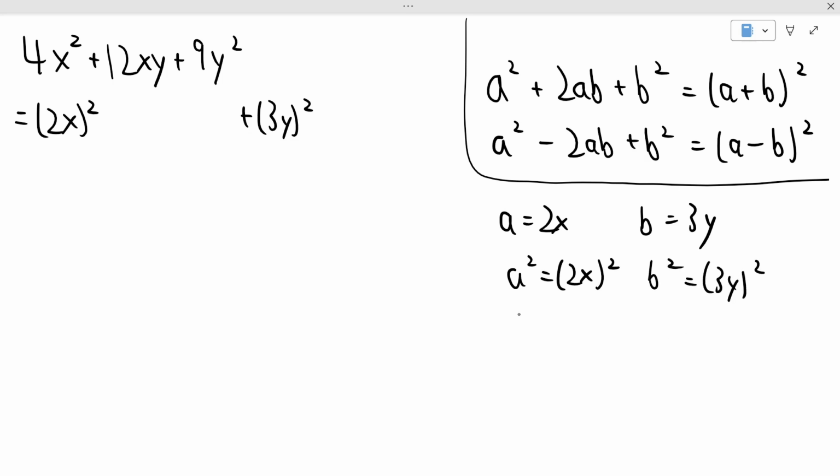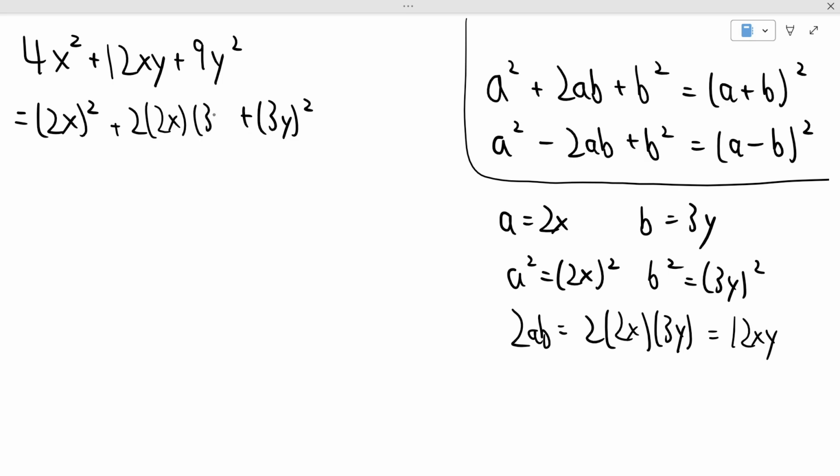And this also means that 2ab is equal to 2 times 2x times 3y, which is equal to 12xy. And we'll notice that this is the same as the second term in our expression. So this means we can rewrite 12xy as 2 times 2x times 3y.